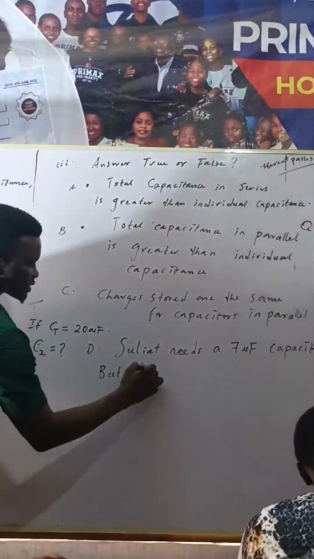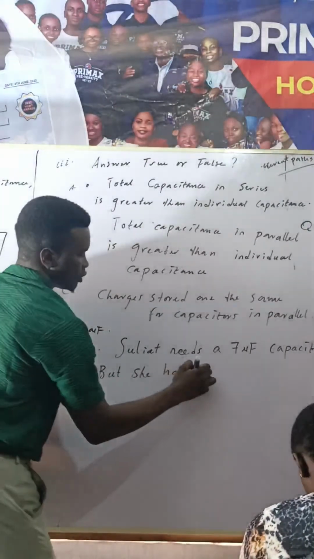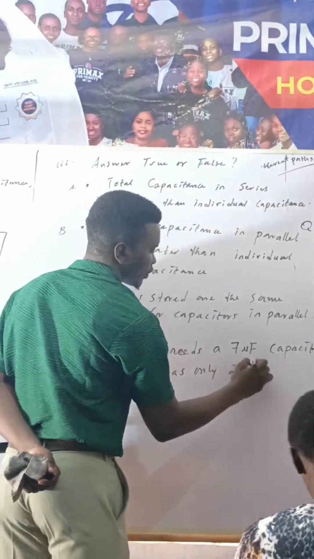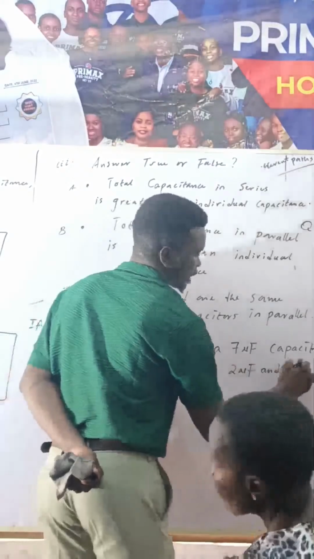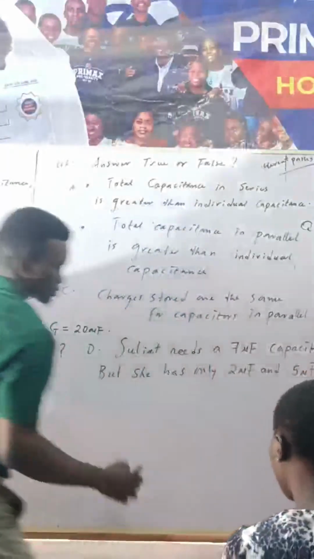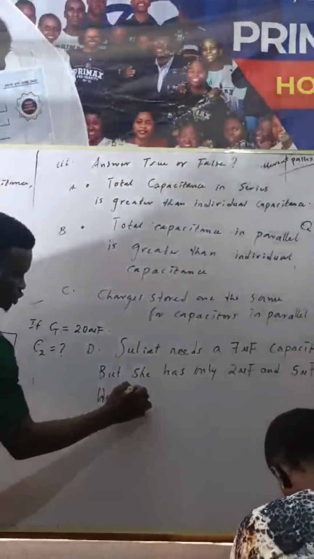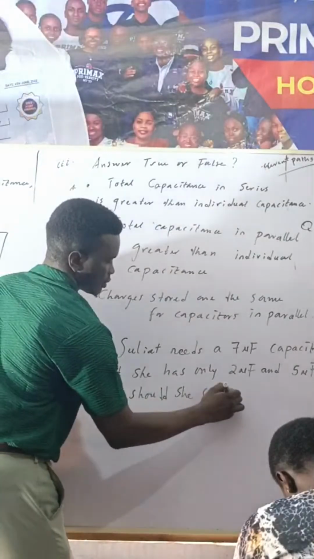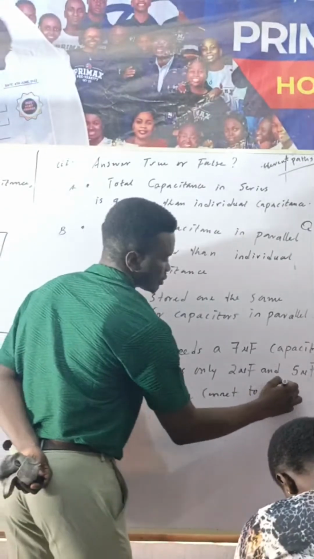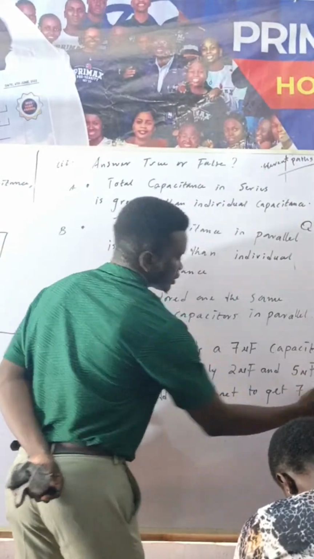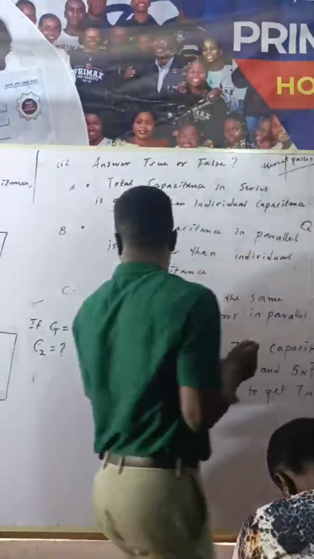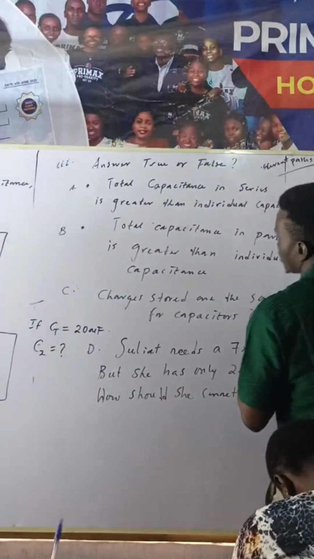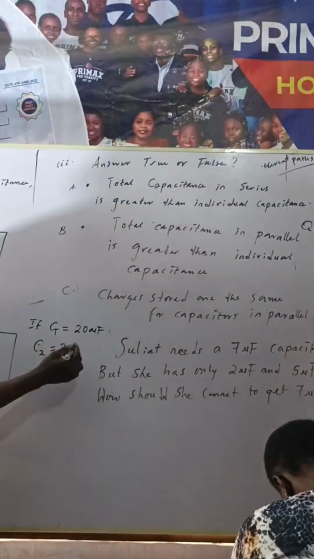But she has only 2 and 5 microfarad. How should she connect to get 7? That's number 4 question.